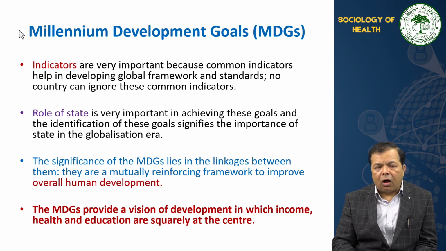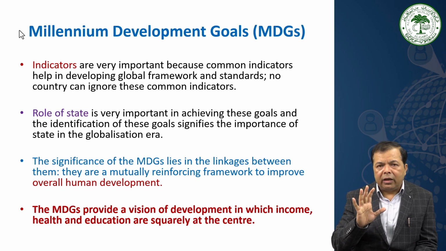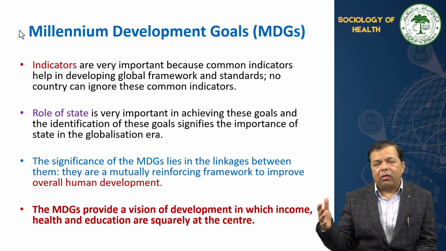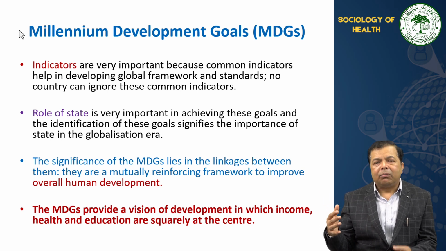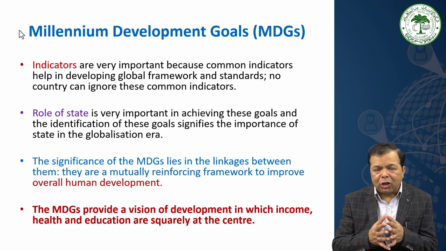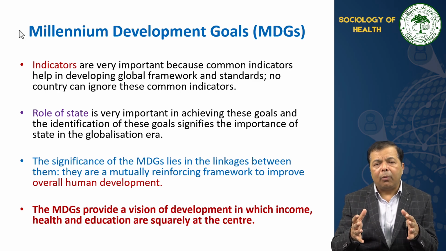The significance of the MDGs lies in the linkages between them, right? Now 8 goals are there. We can talk about each of these goals individually, but we will see that these are actually inseparable from each other.